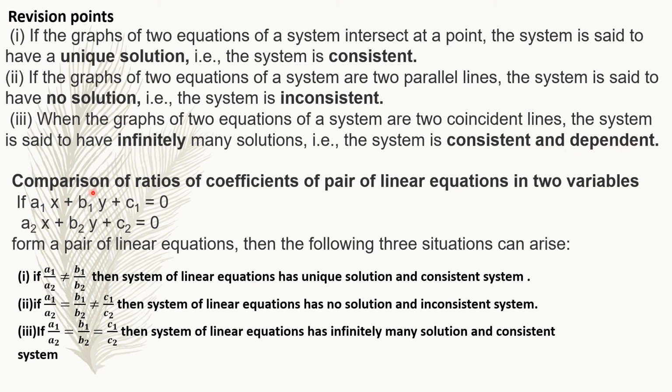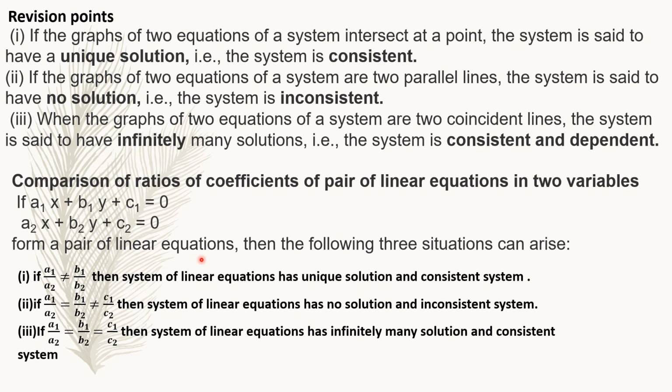Now let us come to another topic: comparison of ratios of coefficients of a pair of linear equations in two variables. Here the given pair of linear equations is written in the form a1x + b1y + c1 = 0 and a2x + b2y + c2 = 0, which form a pair of linear equations.